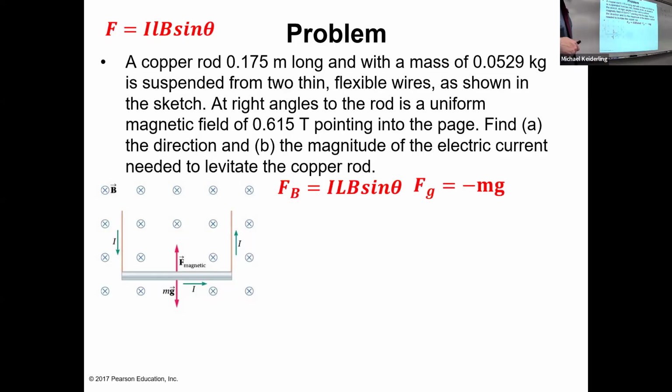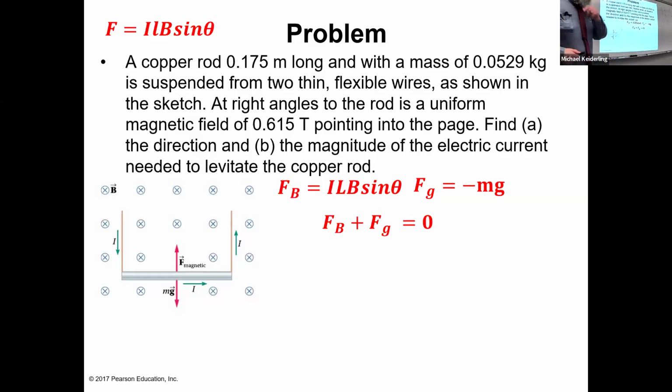The force of gravity is minus mg, and we want the total force to be 0. So first of all, direction. The magnetic field is into the page, and the force is up. We want the current to flow to the right.